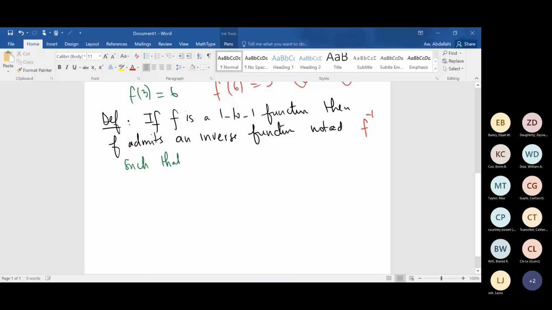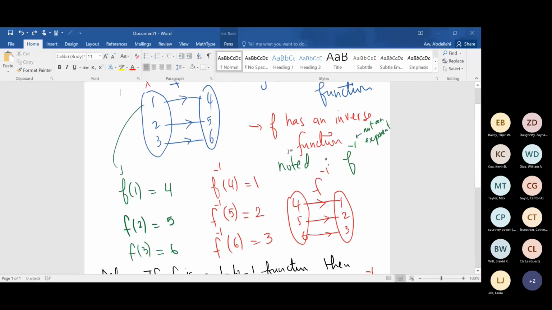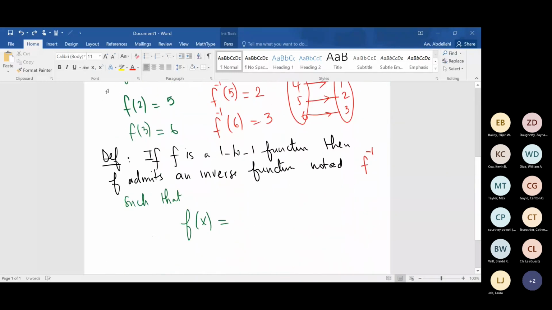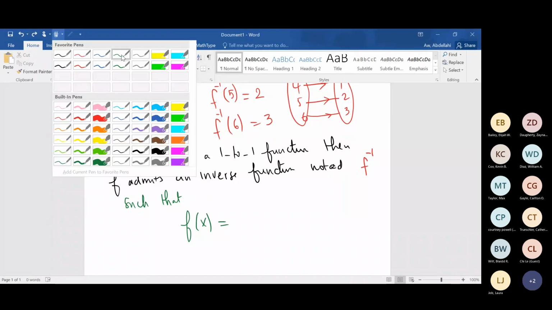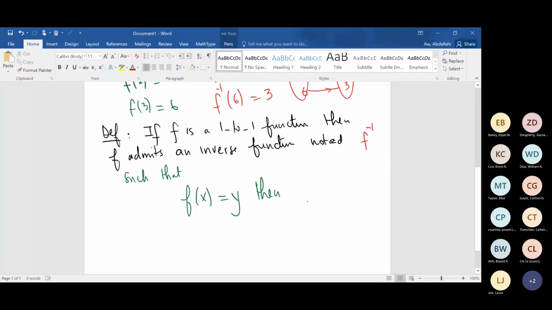Such that, when f of x is equal to y, then what is the other way around?